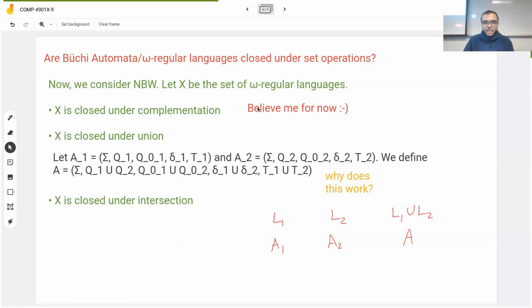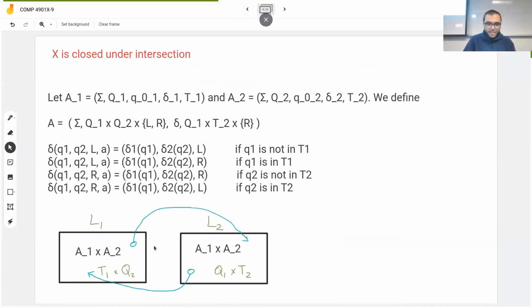Okay. They're also closed under intersection. Why are they closed under intersection? Well, this same thing works. It's just that our products are also going to be non-deterministic.